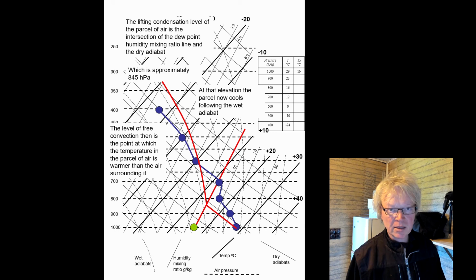As I said in the lecture, if the force that is causing it to rise, such as air going over a mountain, continues as long as it is still being pushed up, and it gets to that elevation, the level of free convection, then the mountain or the force can disappear and it will now rise by itself. All right, and that's that point there.